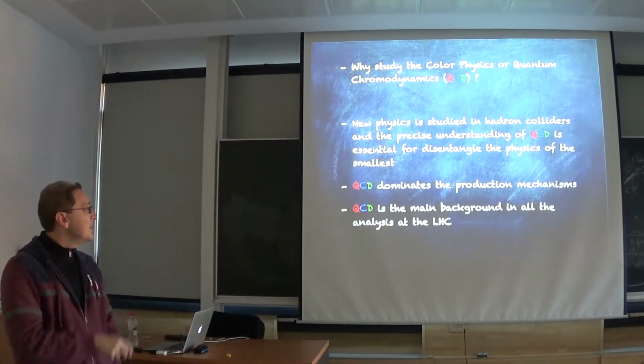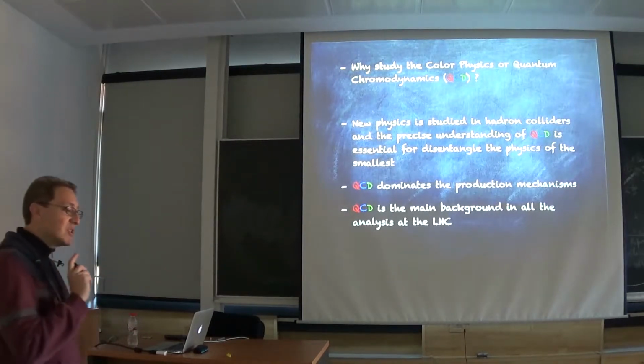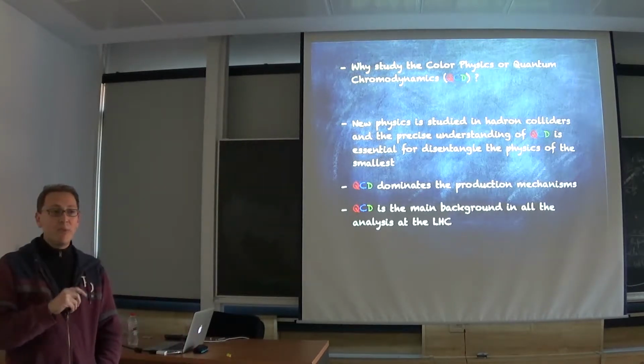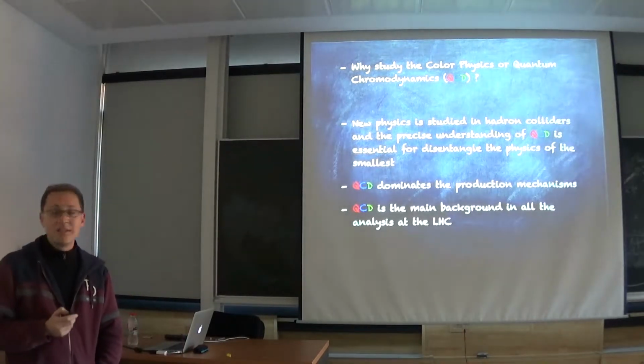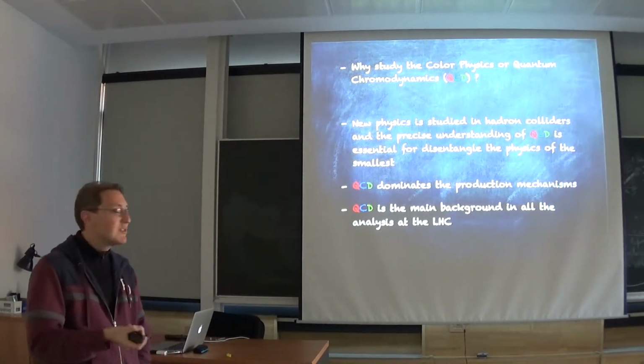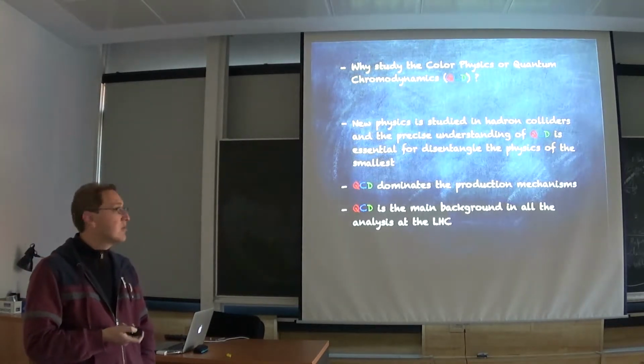QCD dominates all the production mechanisms, because whenever you start, for instance, in the LHC or the Tevatron, you start with protons or antiprotons, as in the Tevatron, and the protons are made of something smaller. These particles, as you might know, are the quarks and gluons.